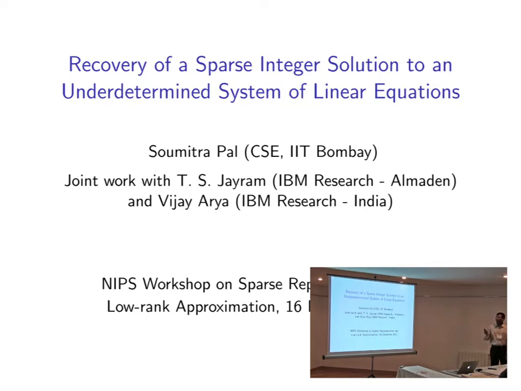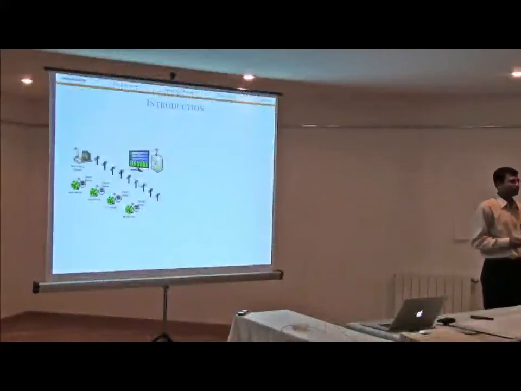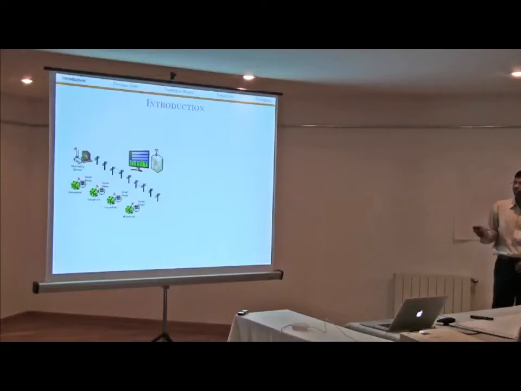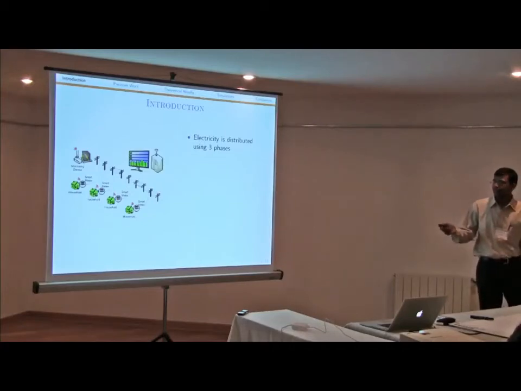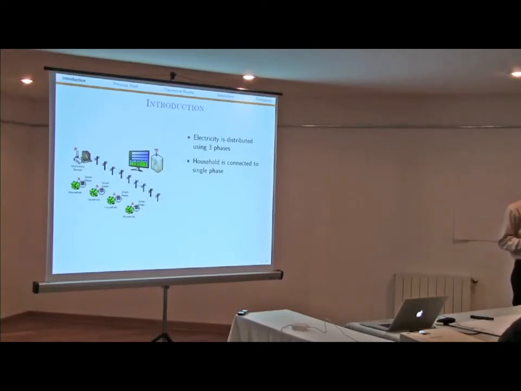Before going to the problem, let us motivate with an application. This application comes from the smart grid, where energy is distributed from the distribution side to the households using 3 different phases. Each of these households is connected to one of these phases. When the connections are made, the distributor knows that this house is connected to this particular phase.